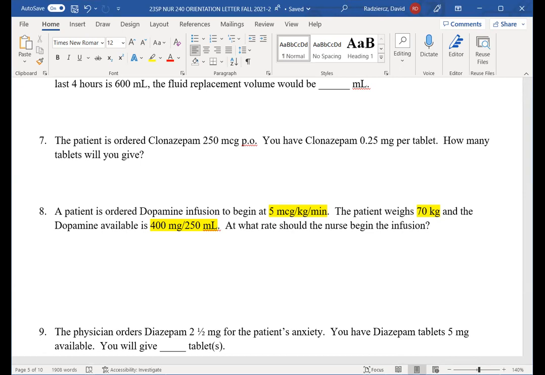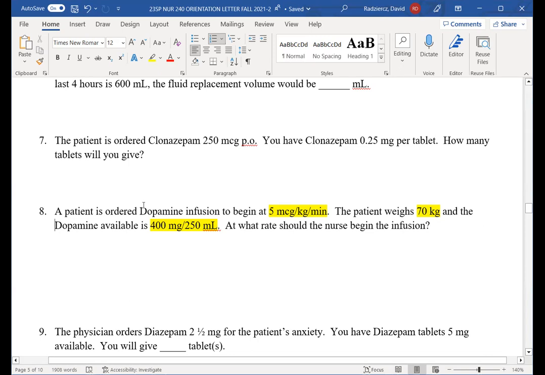Usually weight is going to be associated with this. Sometimes it gives you the patient's weight in pounds, and I'll give you an example of how to set that up. Or sometimes they'll give you the kilograms straight out, which I think is the preferred way of seeing that type of question.